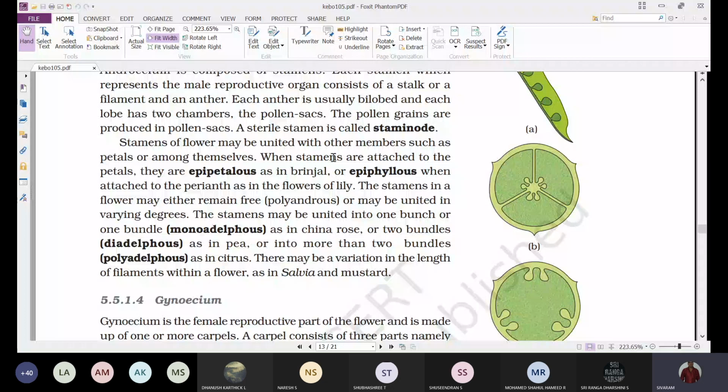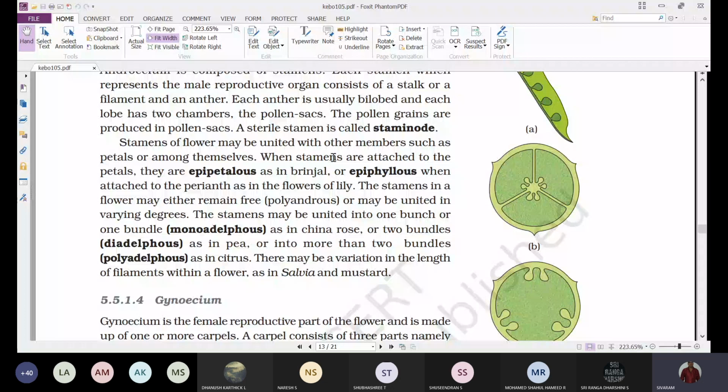In that case we call it androecium. The stamens in the flower may either remain free. If they are not attached with any other structure, we call it polyandrous.